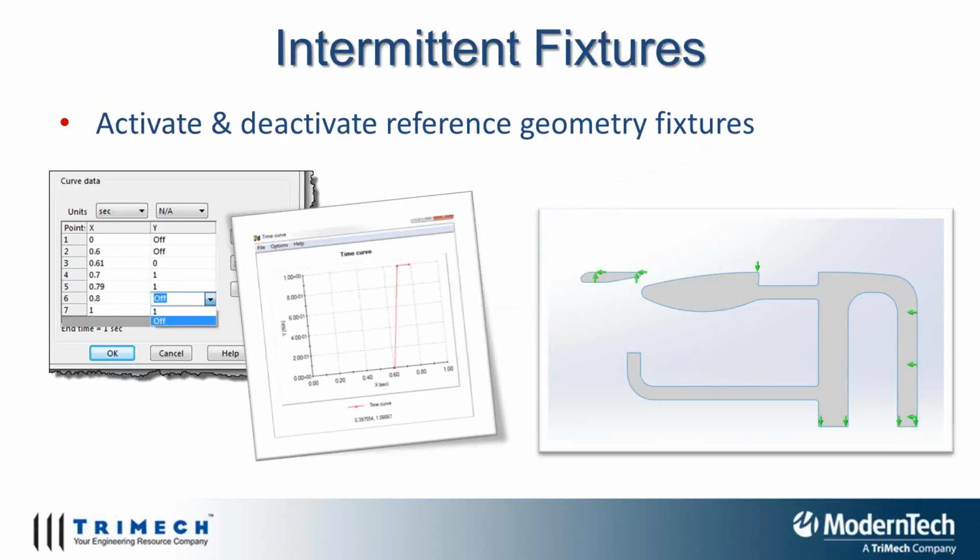The first one, which in my opinion is probably one of the best enhancements for 2016, is the ability to activate as well as deactivate reference geometry fixtures in the nonlinear tool in SolidWorks Simulation. What this means is the user can now turn on or turn off certain fixtures in between different time steps in a nonlinear study. To see how this functions, let's take a look at the nonlinear tool in 2016.